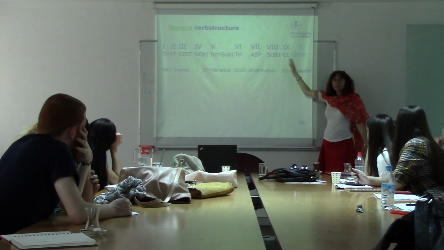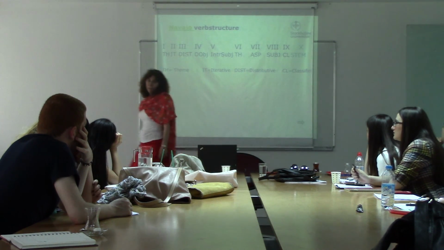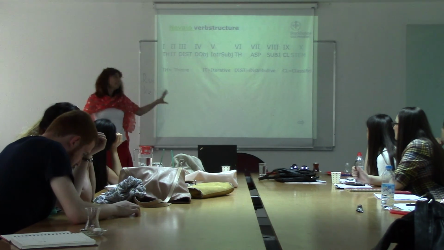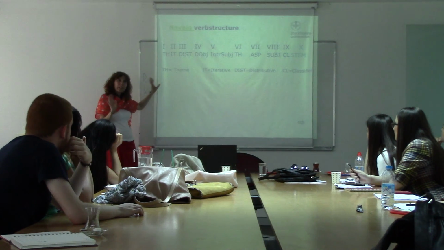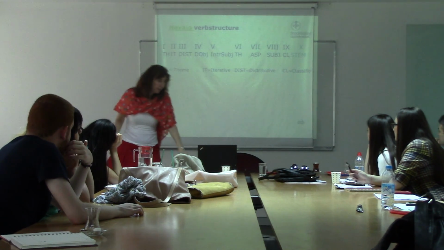So there is a lot of information that has to go on a verb form, and this is the kind of thing that makes me question models like this. So I'll show you a Navajo form.